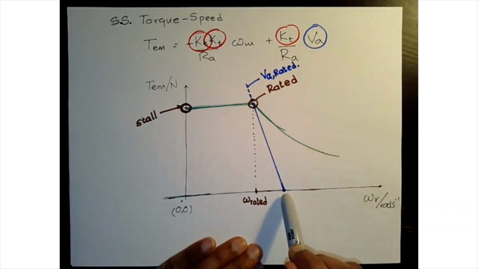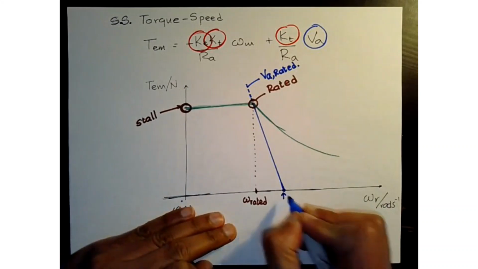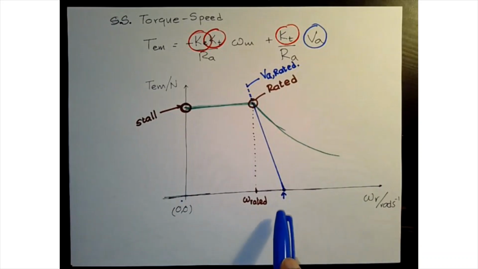What can you say about this speed right here? What can we say about that speed? Okay, that's good. Yeah, that's one way to look at it. VA over KE. Good, Levi. What else? Okay, so that's the no load speed.